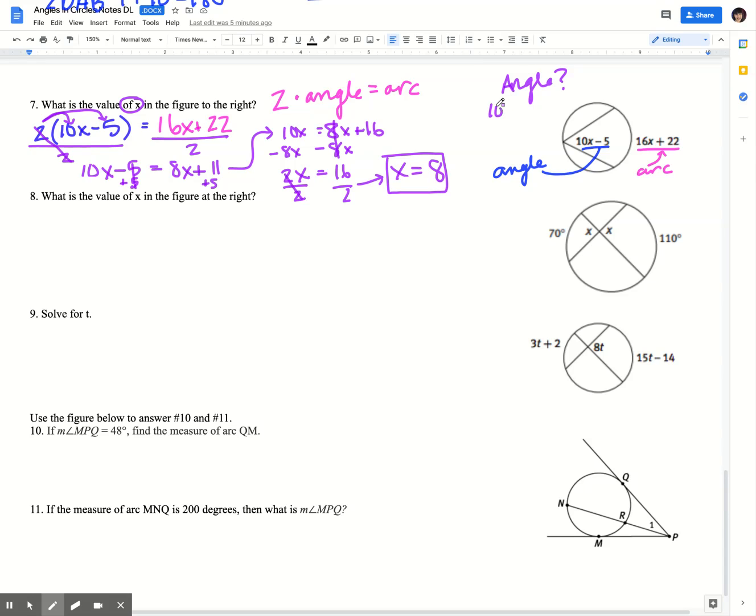I would do 10 times 8 minus 5. So that's 80 minus 5, which is 75 degrees. This question obviously did not ask that, but I just wanted to show you as an example that's what you would do. If it asked you to find the arc measurement, you'd plug your x value back into this expression, the 16x plus 22.